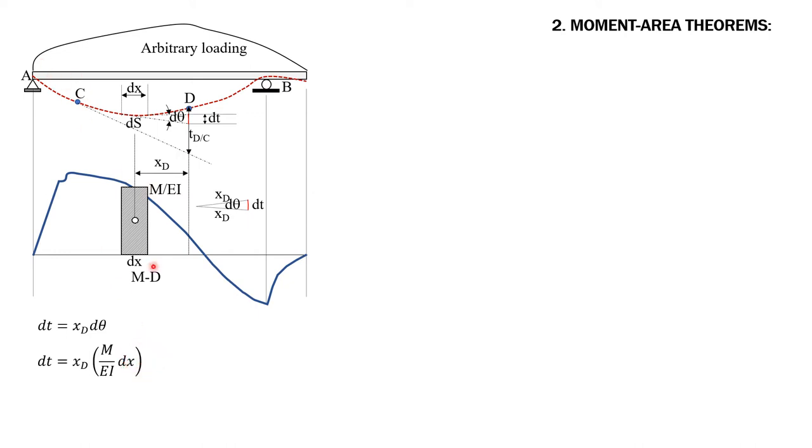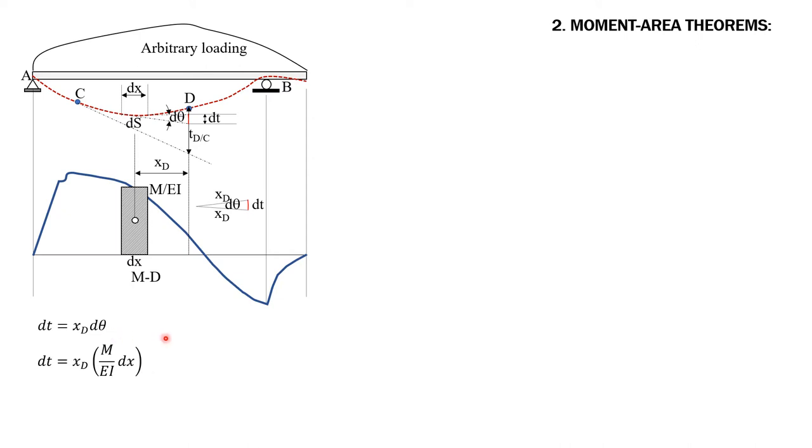From the double integration result, EI d squared y over dx squared is equal to the moment M. So differential theta, the differential of y prime, or the differential of dy over dx, is M over EI dx.